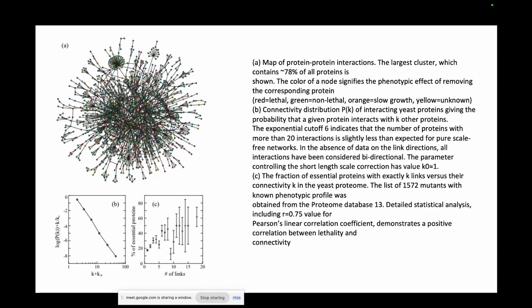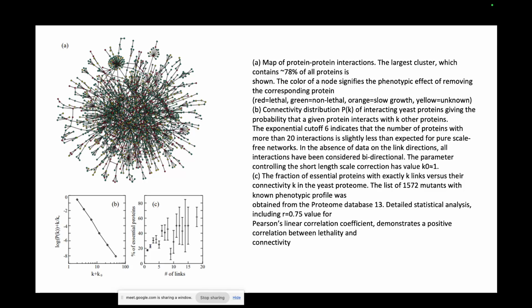That is how real life networks are made. You'll have certain nodes which will be lethal, but the number of such nodes will be lower. Here it's showing that if you have more than 20 interactions, it is highly probable that nodes like those do not exist inside this particular network. And this is a real life network of yeast protein-protein interactions.